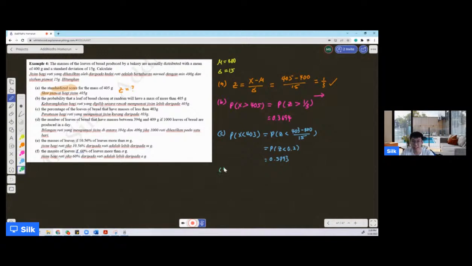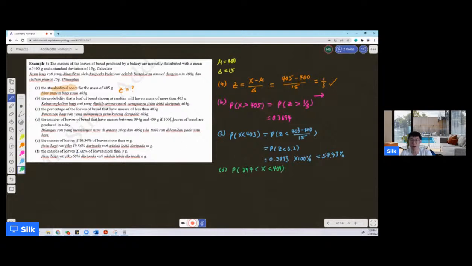Now, for the D, the same. Okay, you want to find percentage, right? So times 100%, you get 57.93%. Okay, so for the D here, find the number of loaf of bread that have masses 394 until 409.